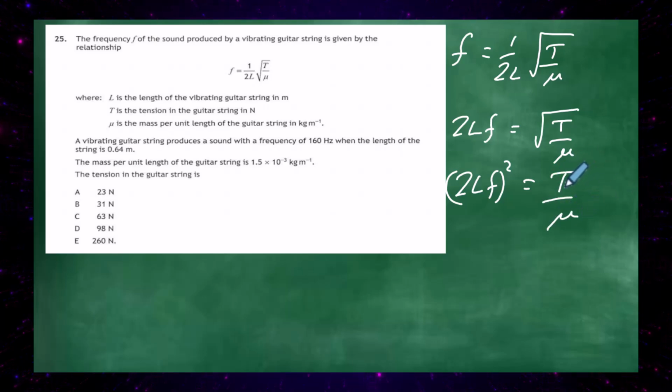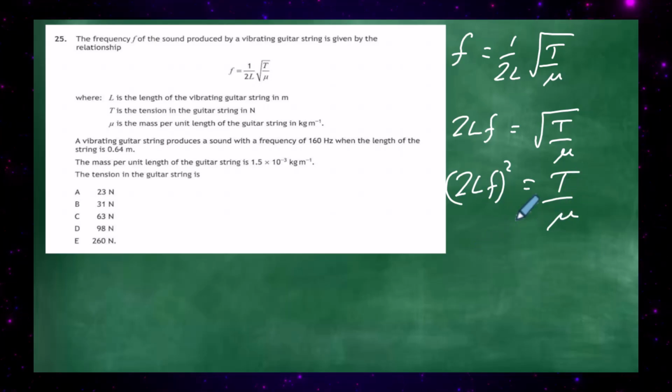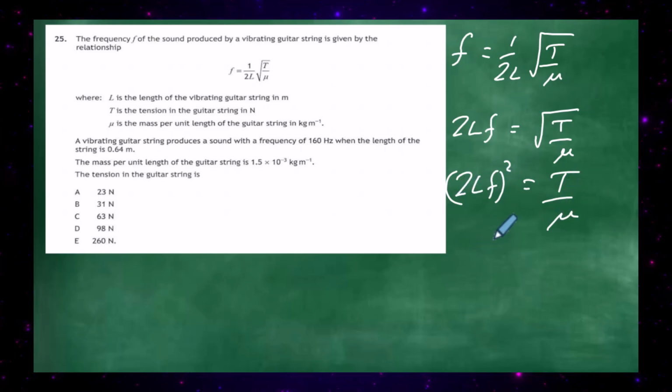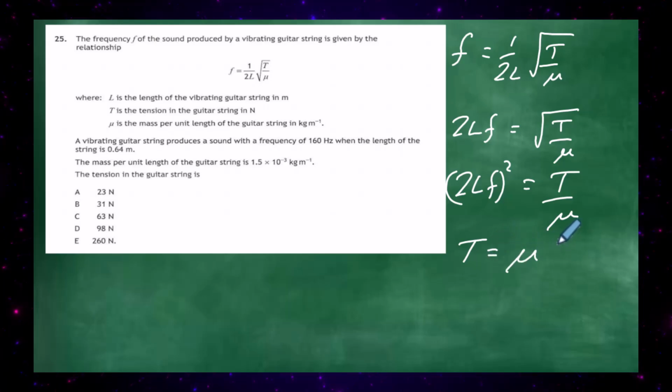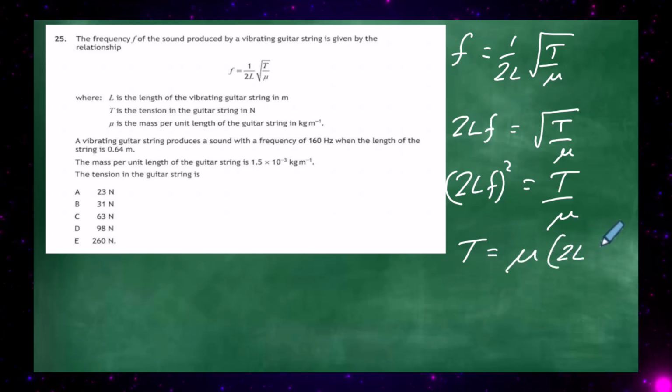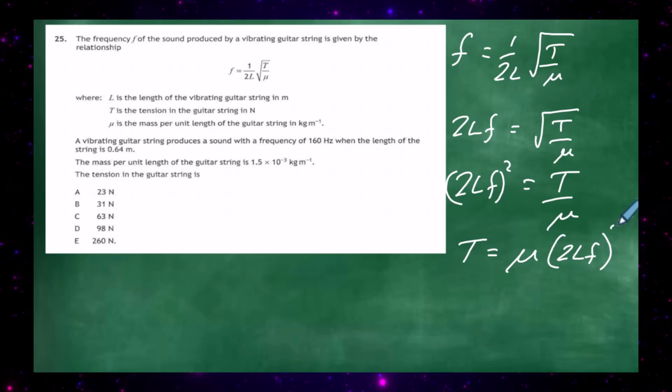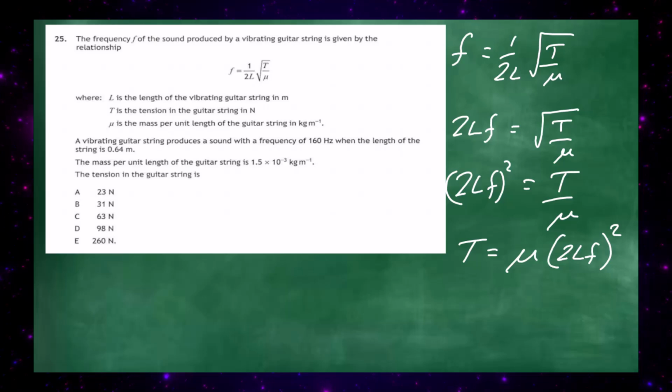And I can see now I've got tension divided by mu, and I can get tension on its own by just multiplying by mu. So therefore the tension becomes equal to mu times (2 times L times f), and we'll have to square that particular bracket. So now I've got the formula for the tension. Now all I have to do is put in the numbers.